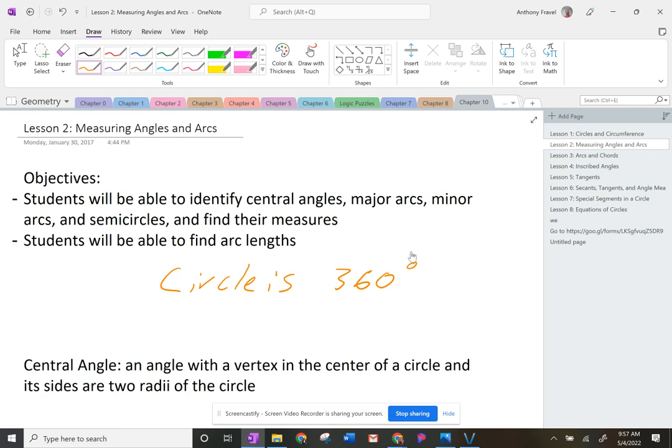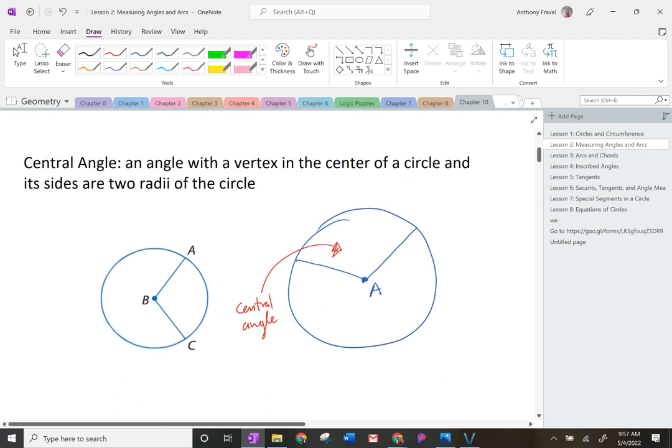Okay, so some of the definitions that we'll start with. First one's going to be a central angle. A central angle is going to be the angle that has a vertex in the center of the circle, and the sides of that angle are going to be 2 radii of the circle.